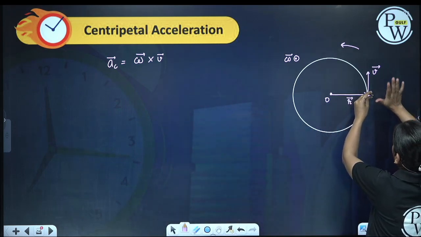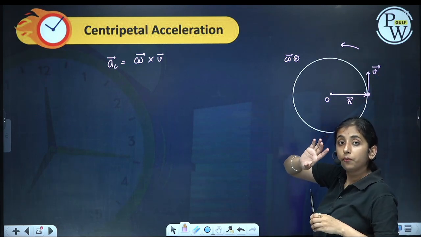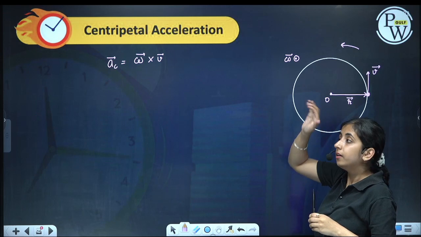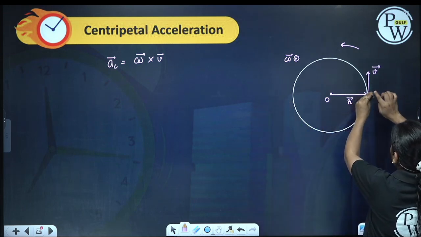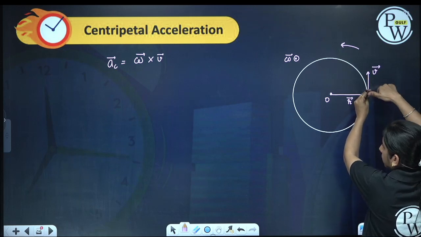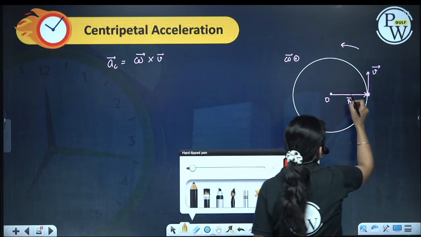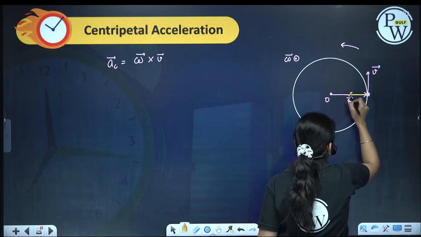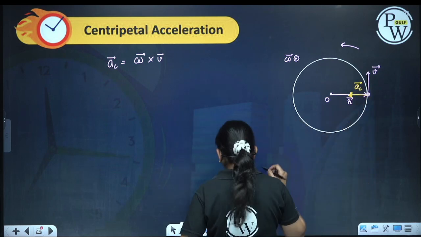Now do omega cross V. How to take the cross product? Curl your fingers from A to B, then the thumb will give us the direction of A cross B. So this is my omega, this is my V. Curl your fingers from omega to V. What we will get? We will get a vector towards the center. This is my AC vector.